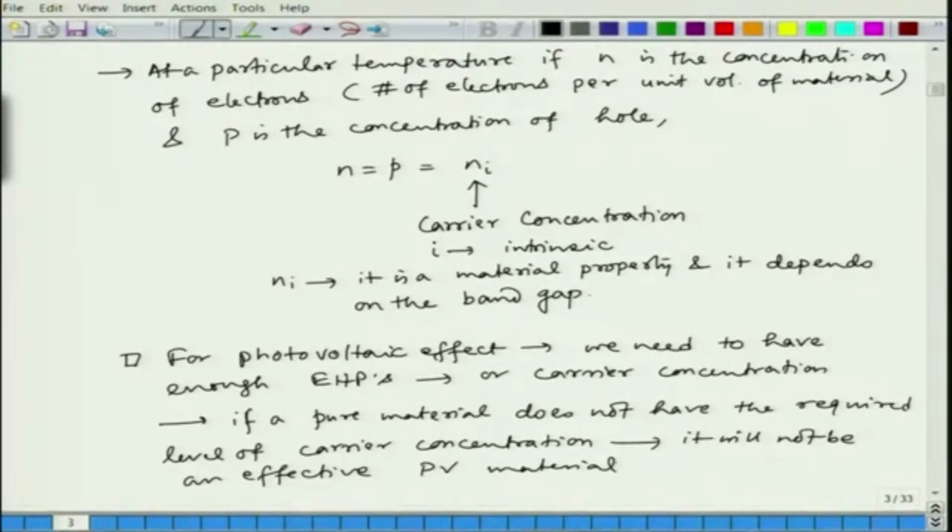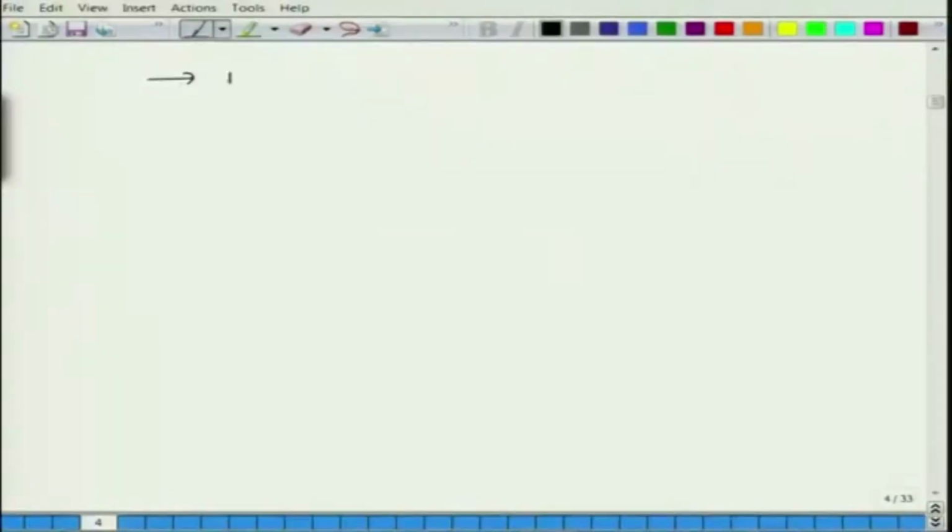In that case, what will we need? We need to dope something. We have to introduce some other material which will introduce more carrier concentration or more electron hole pairs.